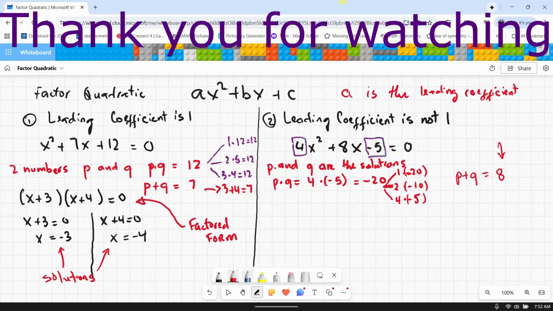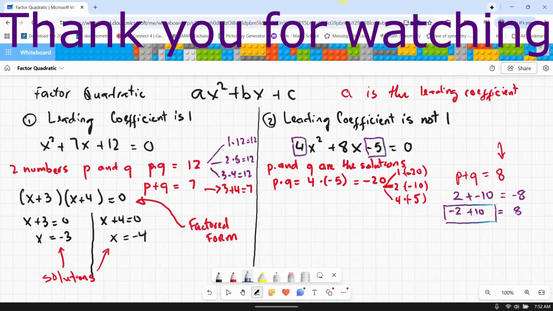But 2 plus negative 10 is negative 8, or if we switch it, negative 2 plus 10 equals 8. So when you factor it, you have to play around with the negative signs a little bit. So these are the P and Q.